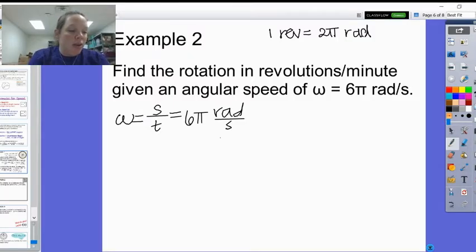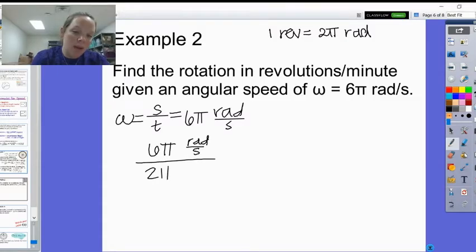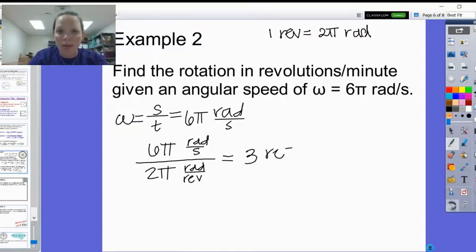All right, so if we want to calculate our number of revolutions, we would just take that speed of 6 pi radians per second. We divide that by the number of radians in each revolution. Okay, so then the radians cancel out, and this means that we are going around the circle 3 times. Sorry, bear with me. We're going around the circle 3 times in 1 second.